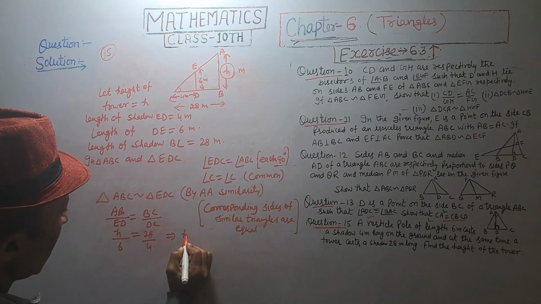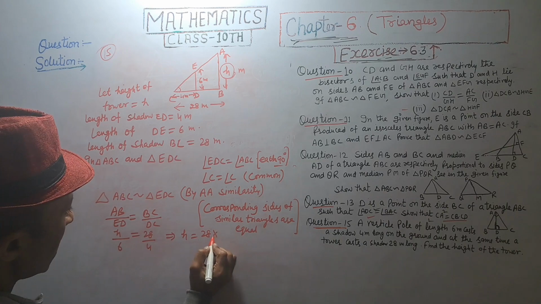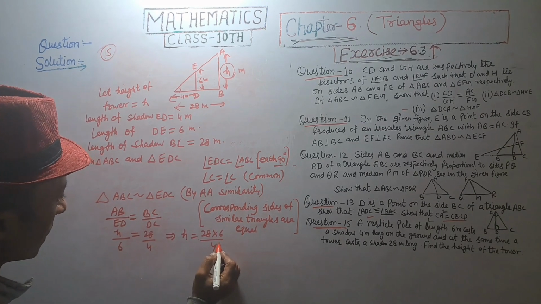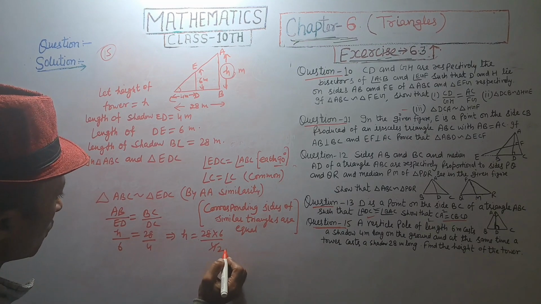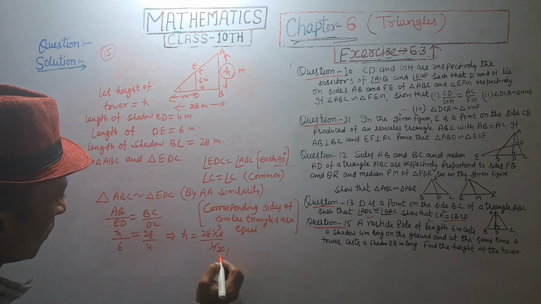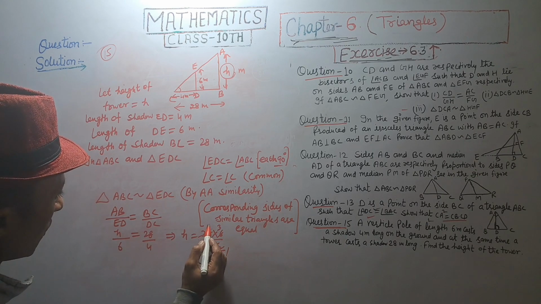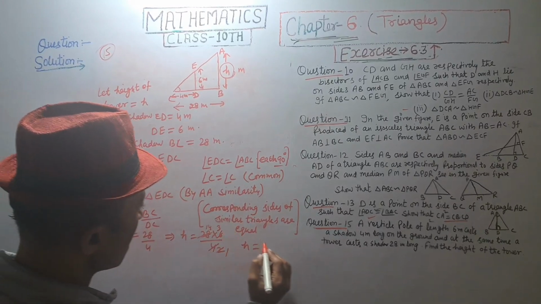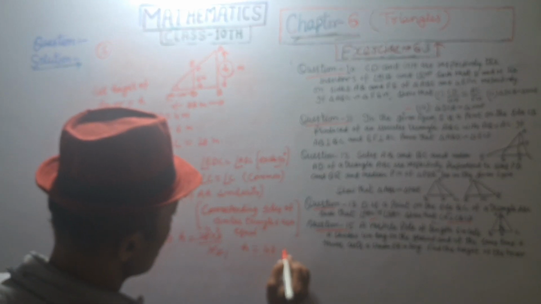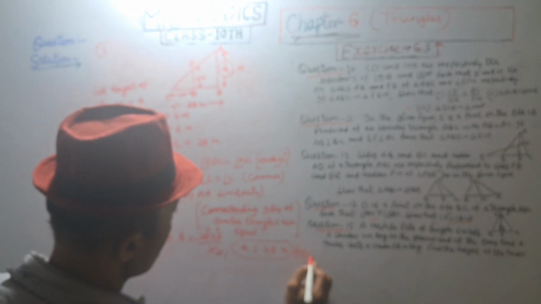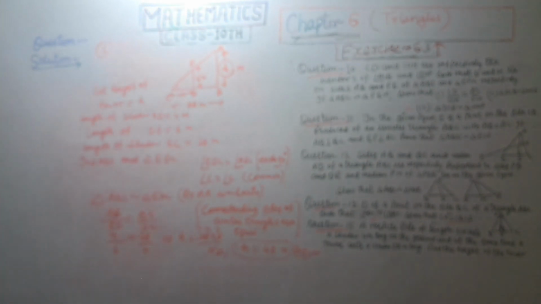This implies h is equal to 28 multiplied by 6 divided by 4. 2 2s are 4, 2 3s are 6, 2 1s are 2, 14 2s are 28. Height is equal to 42 meter. Answer.